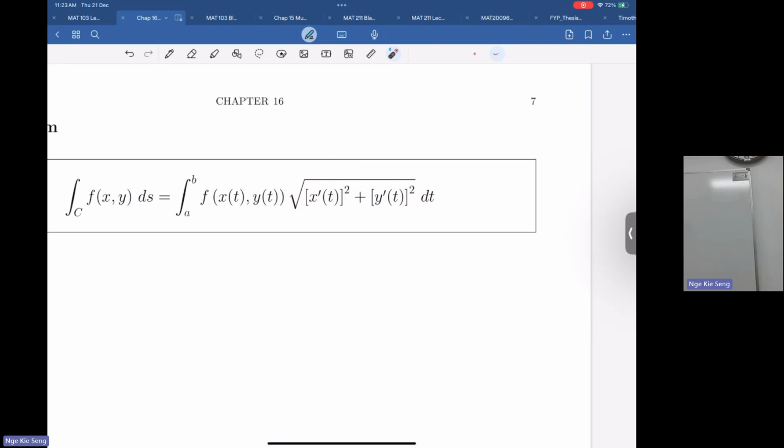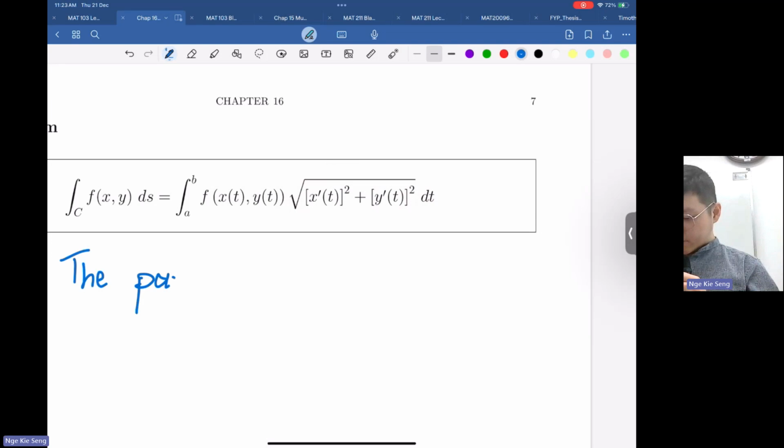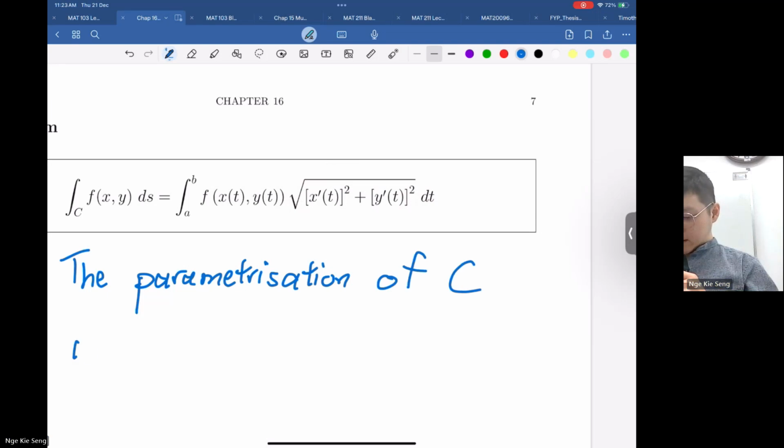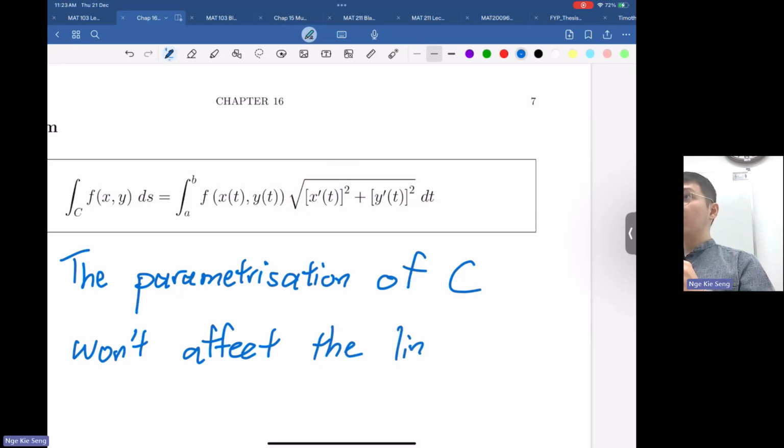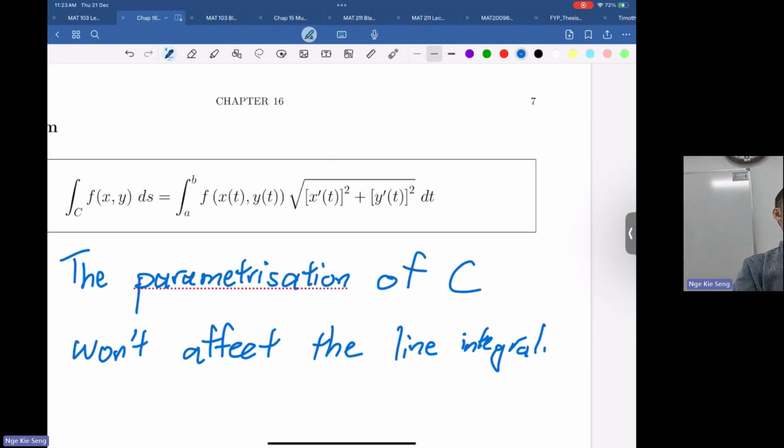And then you will get the same integral result. So the key here is that parameterization won't affect the line integral. No matter how you parameterize it, it won't affect your line integral. So it is safe.